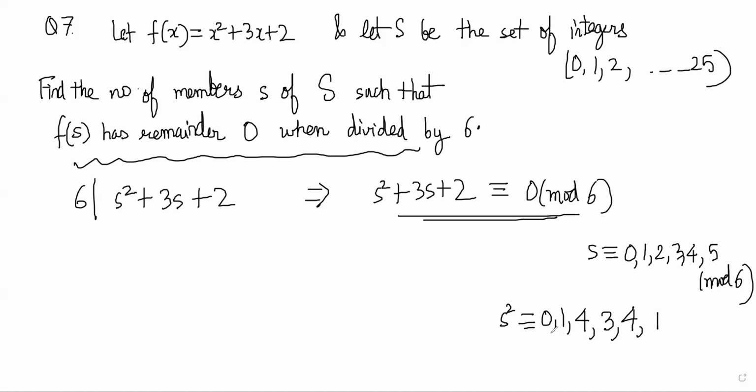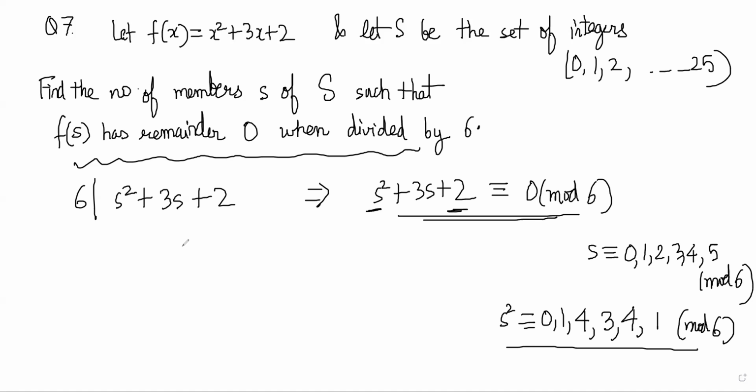So 0, 1, 3, 4. These are the possible quadratic residues for mod 6, right? These are the cases. So now s square plus 3s plus 2, you can just check the cases. It's pretty simple.